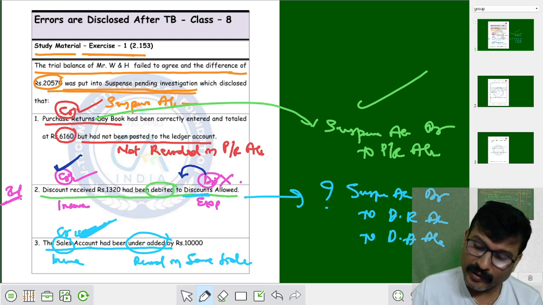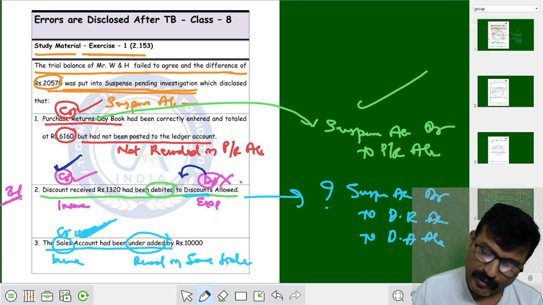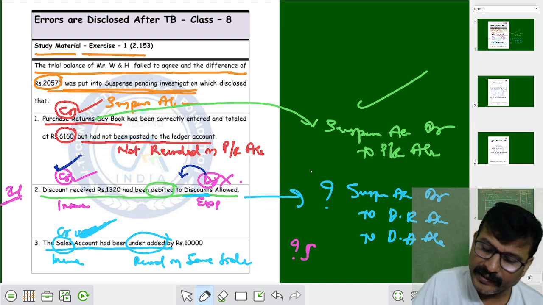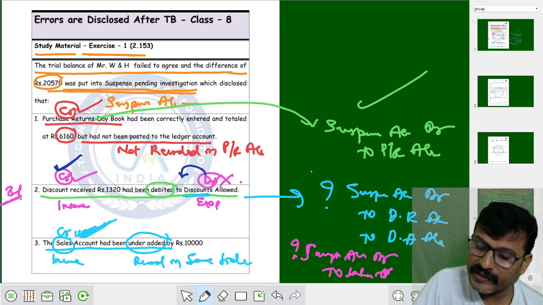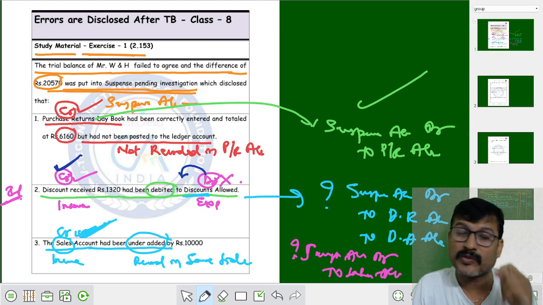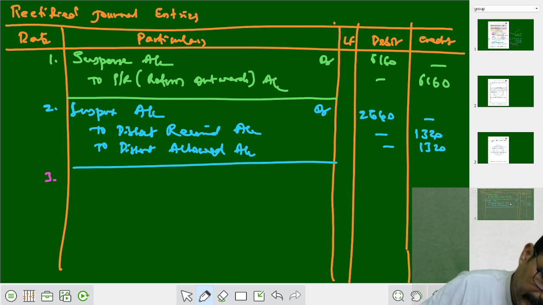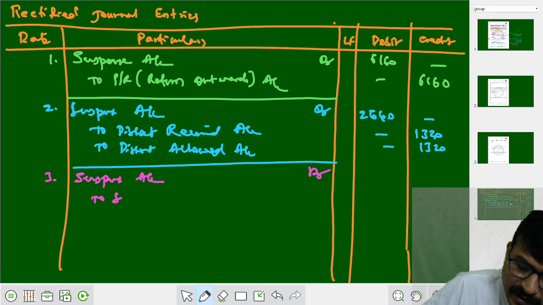When you write sales on the credit side, then what is to be written on the debit side? So on the debit side comes suspense account debit to what? Sales account. Because sales what happened? Under cast. Now the entry for this will be suspense account debit to sales account.